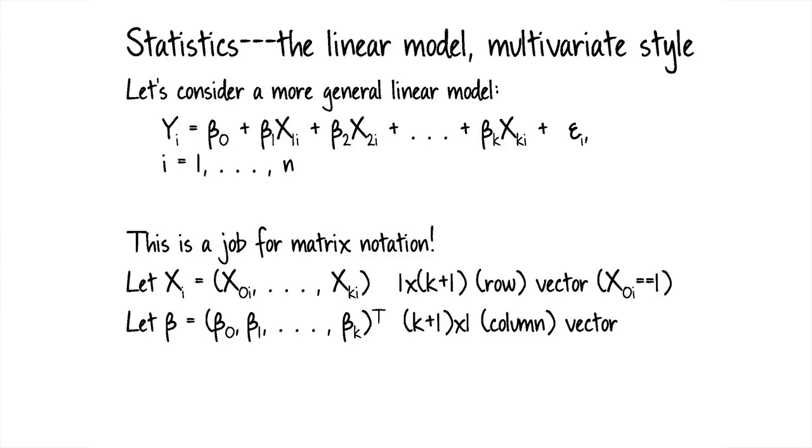And so for each observation, we have a vector of different measures, x naught up through x sub k. Okay? And then let's also replace all of the betas that multiply all of these regressors by a vector, in this case a (k+1) by 1 column vector of parameters beta, okay?